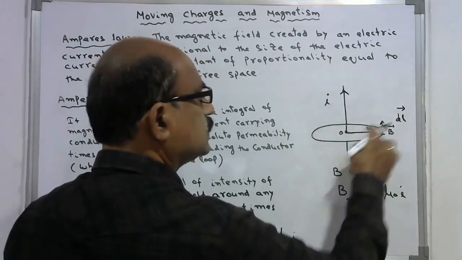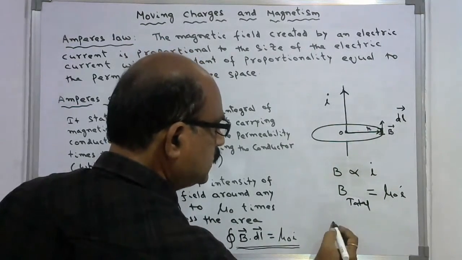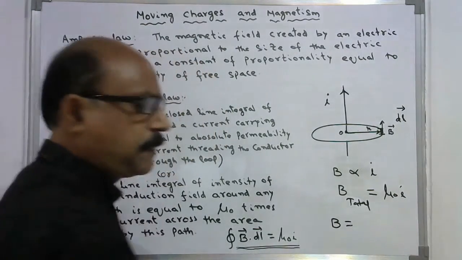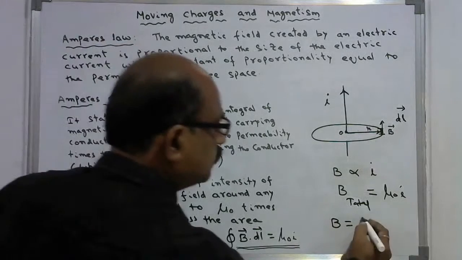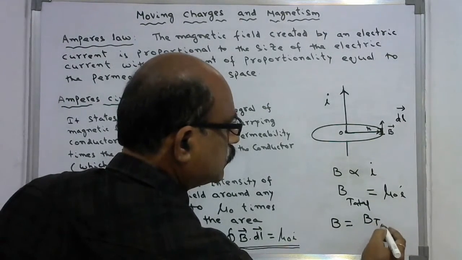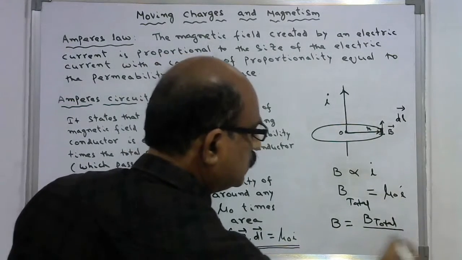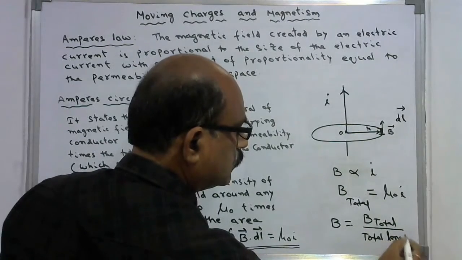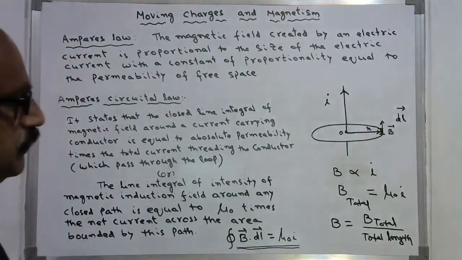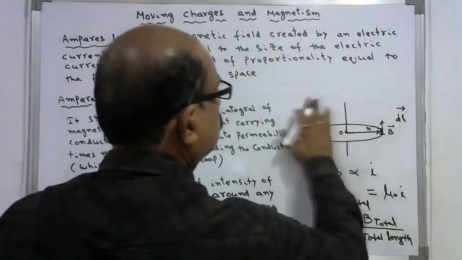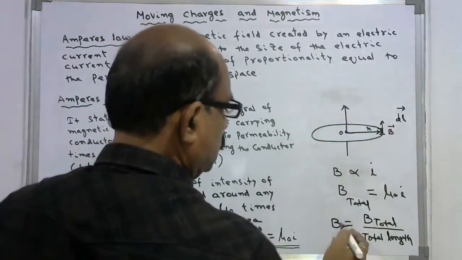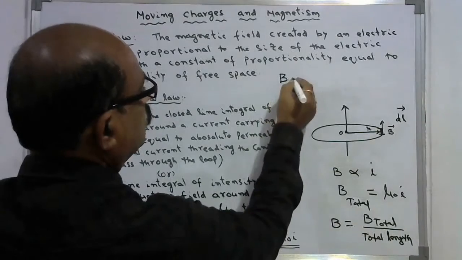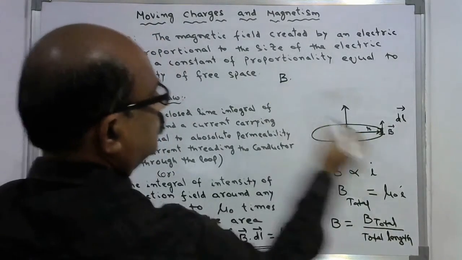The magnetic field at this point, B, multiplied by the total length, that is the circumference.